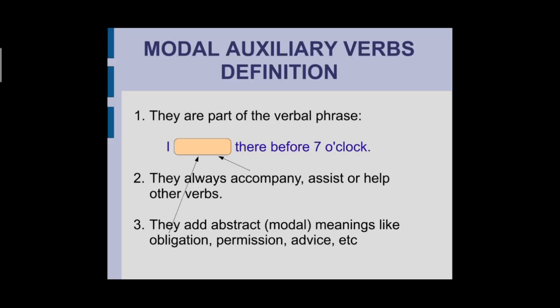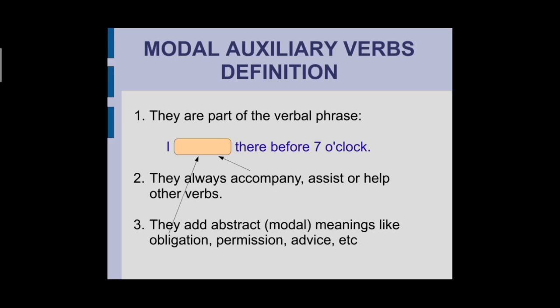So we are using some of the modal verbs over here, and they are becoming a part of the phrase. That means if you take the modal verbs out of that sentence, then the sentence won't make any sense. So basically, modal verbs give meaning to the sentence. They are a part of the sentence.